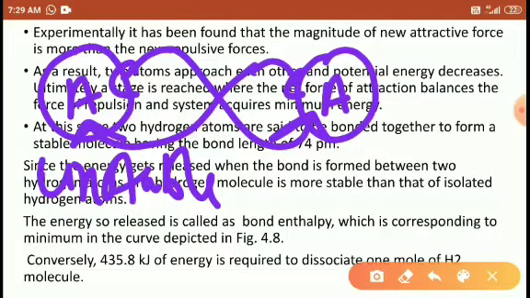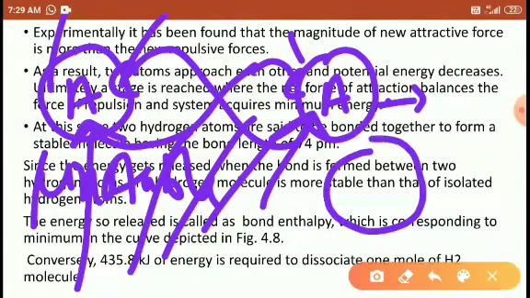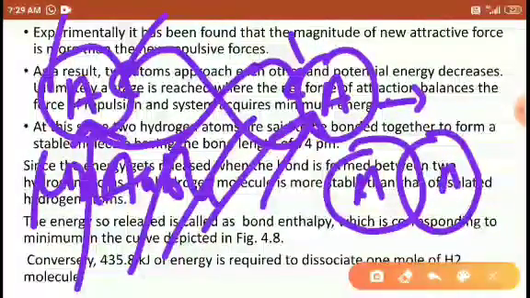When they come close to each other, they liberate an amount of energy and attain a certain position. Students, here the electrons are attained in this form.